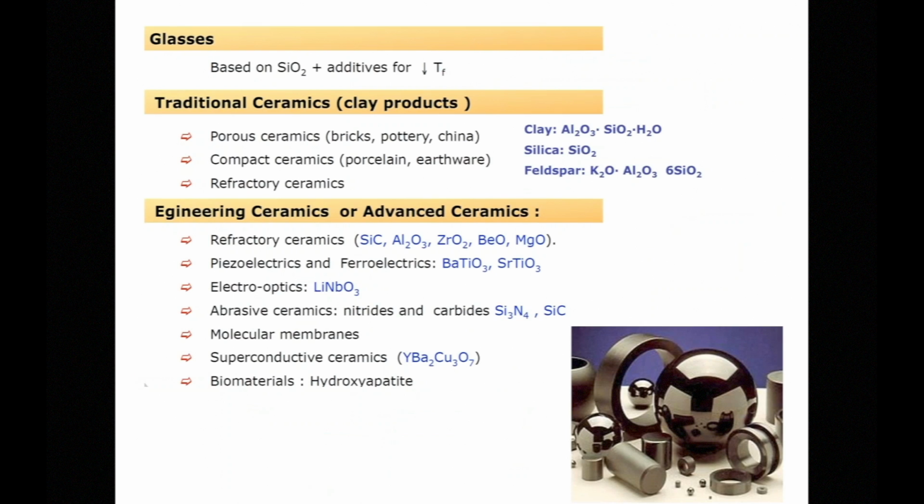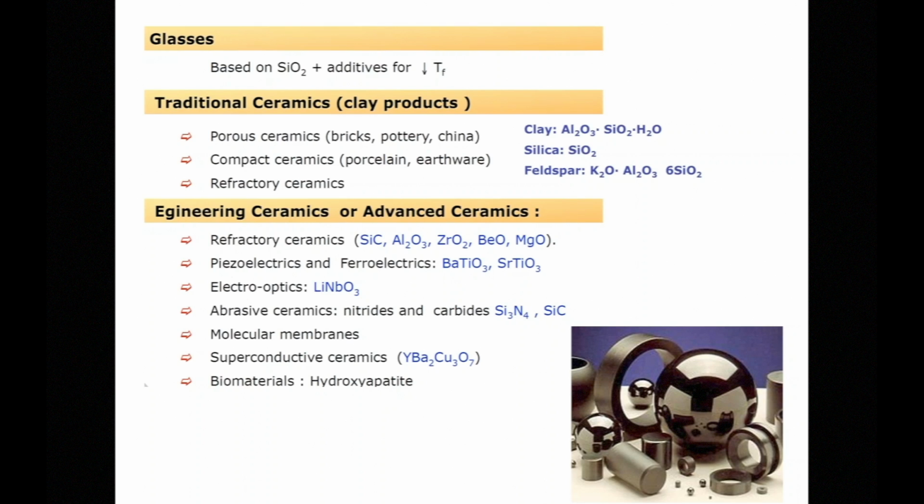We will have a separate overview on glasses, and glasses are, of course, mostly silicates plus additives that allow you to control their composition as well as processability. Traditional ceramics, if you're curious, would be your pottery, your compact ceramics, porcelain, earthenware, bricks, refractory ceramics.